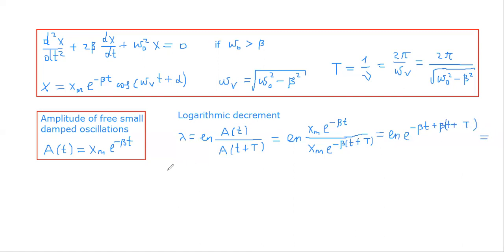And this is equal to the natural logarithm of e to the power of beta T. And this is the same as beta T.